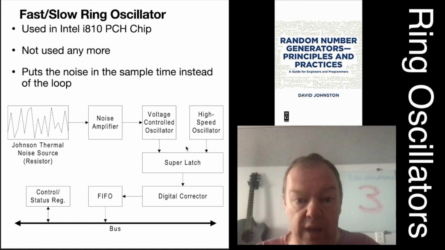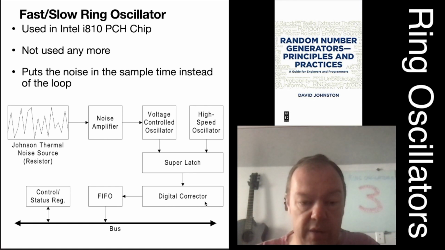So we're taking a high-speed oscillator, sampling it with a noisy slow oscillator, and we put it into what they call, in the diagram here, which was taken from an analysis paper on this entropy source by Cryptography Research, the digital corrector, which is really the entropy extractor, and then an output and a bus interface to talk to it.